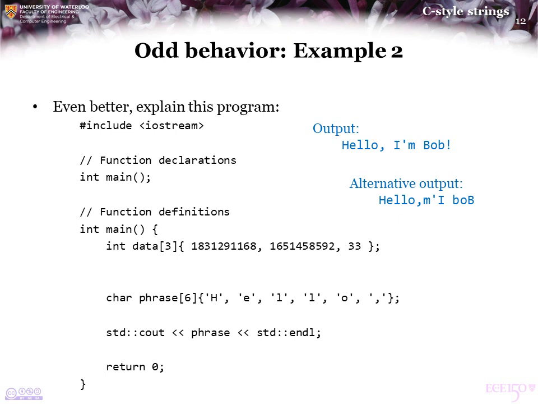If you get this output, replace that integer array with this second integer array, and then you should get the output, hello, I'm Bob. Now, this is very subtle, and you're going to learn a lot about the workings of processors once you figure this out.